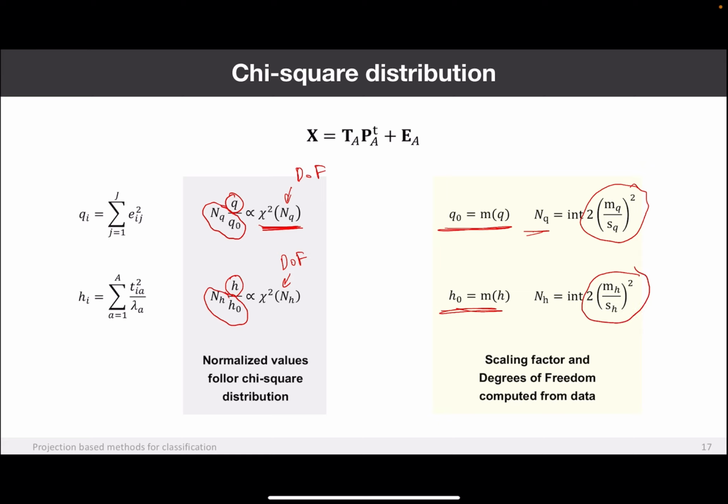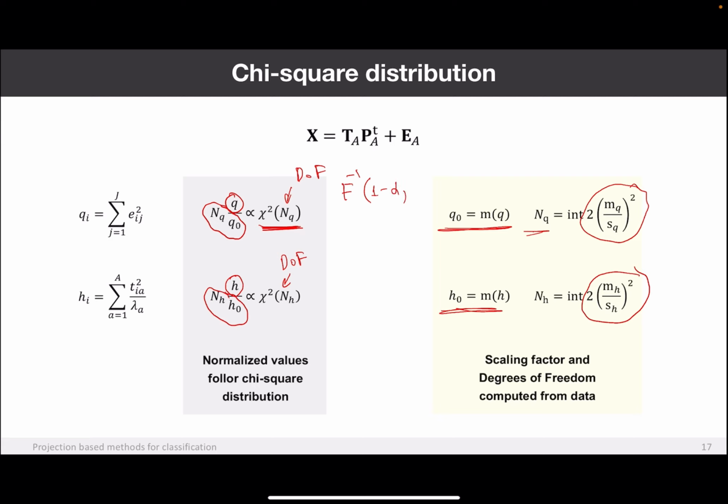That's it. As soon as you compute it simply based on your distance values, now you can use a chi-square distribution. For example, how to compute a critical limit here: you need to use the inverse distribution function for the chi-square, and then you need to provide the significance level. In this case, you provide 1 minus the significance level, because we compute a limit for accepting, right?